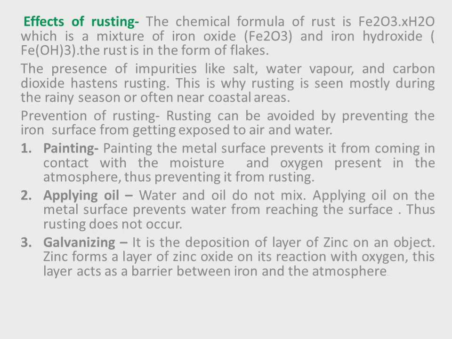Water and oil do not mix. Applying oil on the metal surface prevents water from reaching the surface, thus rusting does not occur. 3. Galvanizing. It is a deposition of a layer of zinc on an object. Zinc forms a layer of zinc oxide on its reaction with oxygen. This layer acts as a barrier between iron and the atmosphere.